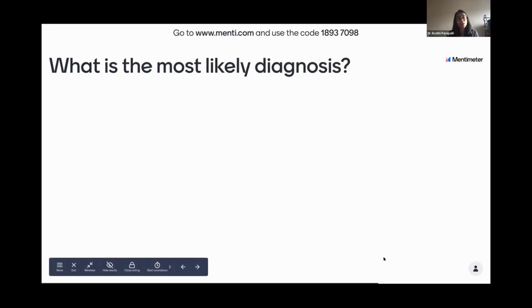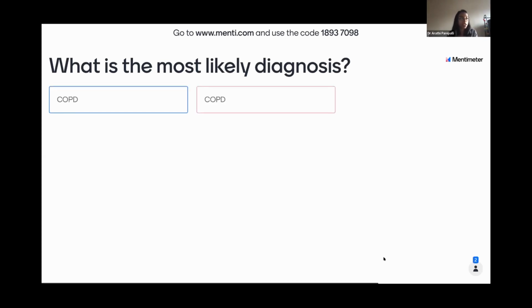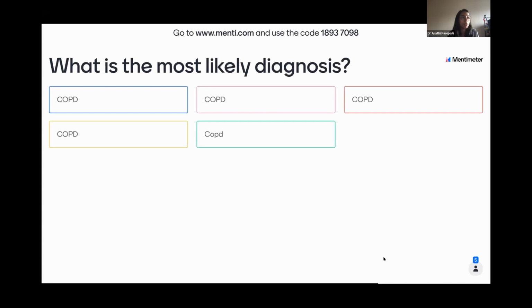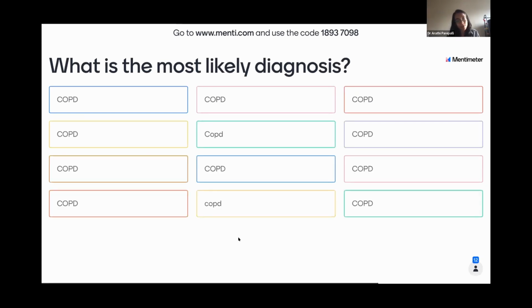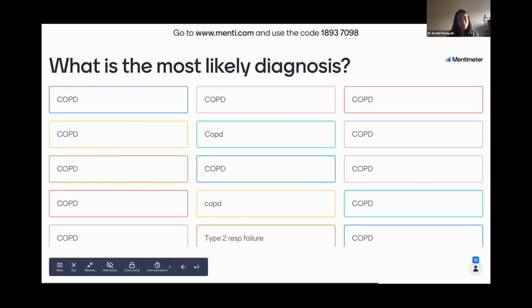And what do you think the most likely diagnosis here is? So 72-year-old man, extensive smoking history, long-term shortness of breath, respiratory acidosis with complete metabolic compensation. Yeah, nice and easy. All right, well done.